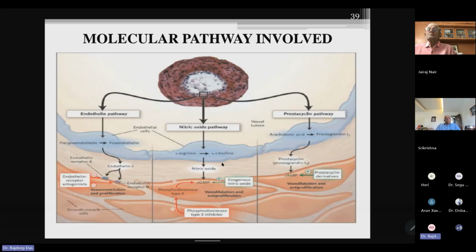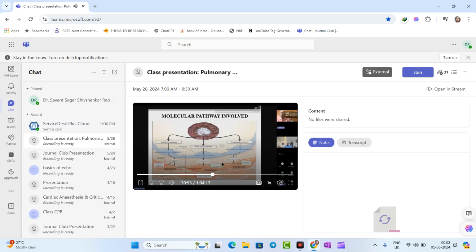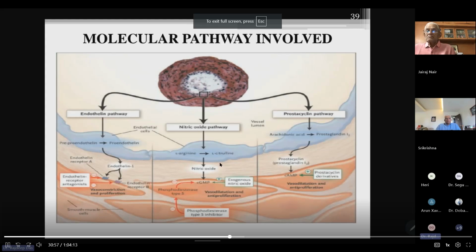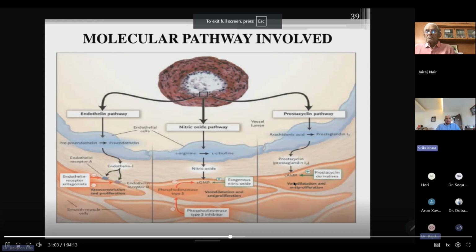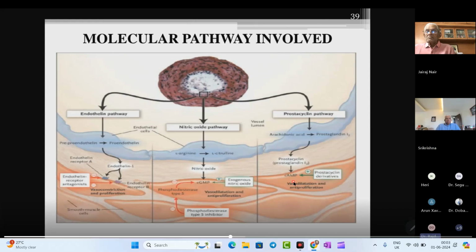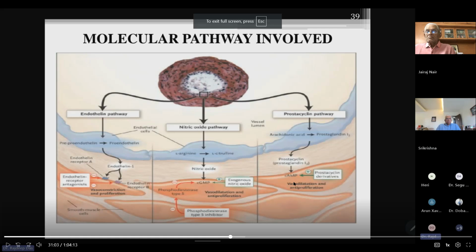In this slide, we can visualize the three pathways which lead to pulmonary arterial hypertension: the endothelin pathway, the nitric oxide pathway, and the prostacyclin pathway.